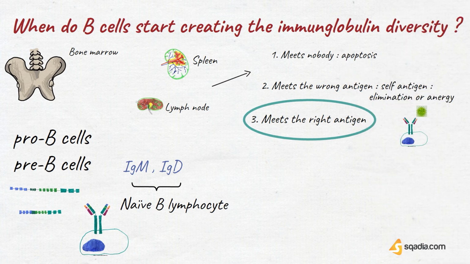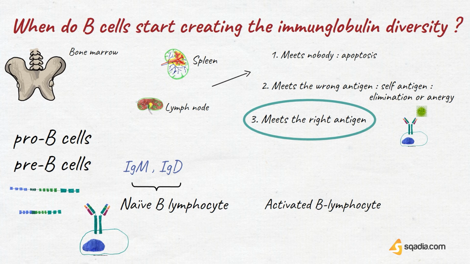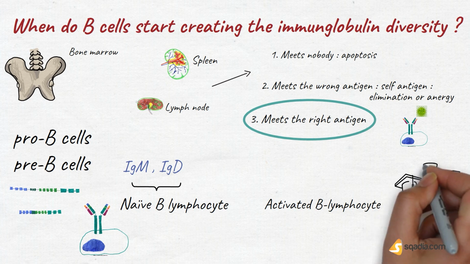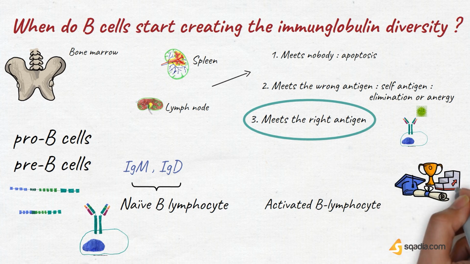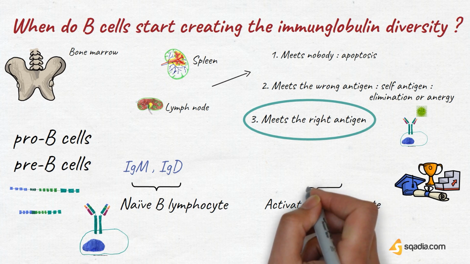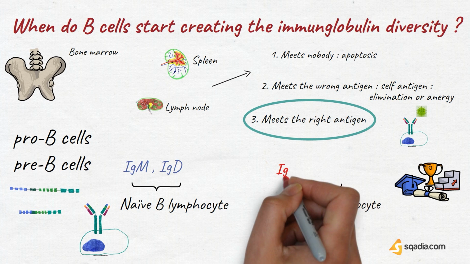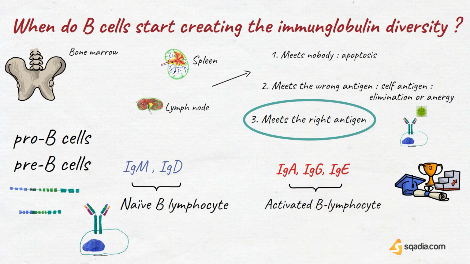So, once the antigen matches the antibody, the B lymphocyte becomes activated. Now, the B lymphocyte can go to the germinal center for further maturation and specialization. Imagine the germinal center as a kind of university where the B cells take their special training. They become experts in recognizing very specific types of antigens and produce three other types of immunoglobulins: IgA, IgG, IgE.